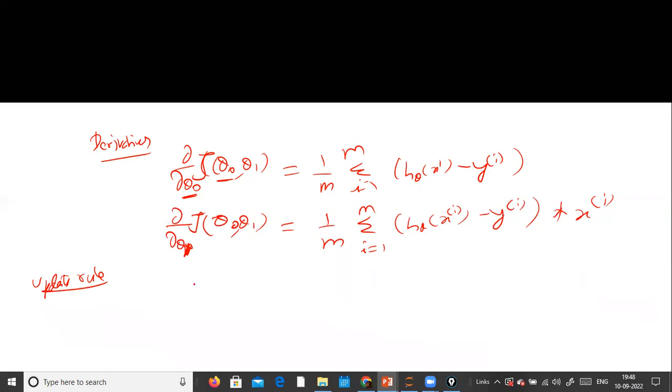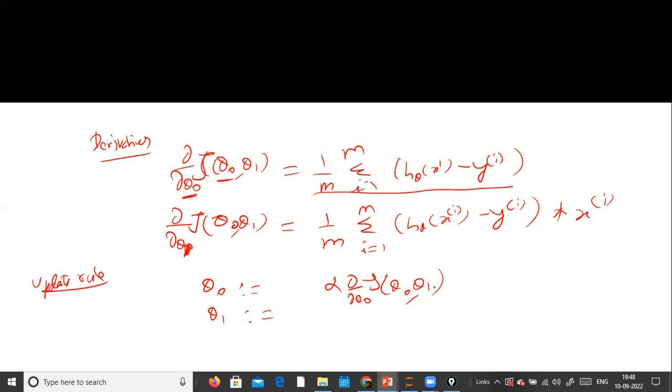So now the update rule is, for theta naught and theta 1, we need to keep changing the values by multiplying with the learning rate, alpha, by dou by dou theta naught of J of theta naught comma theta 1. The right side of the equation will give you the gradient for theta 1.